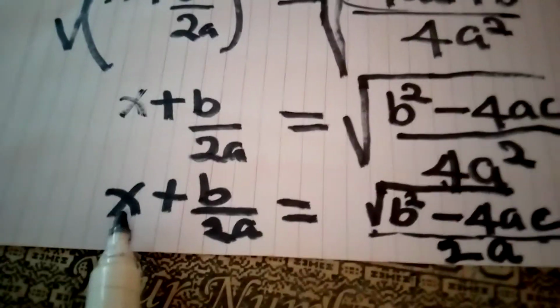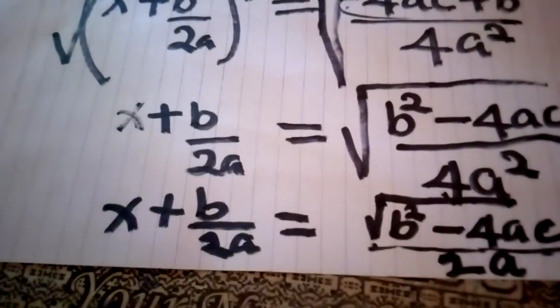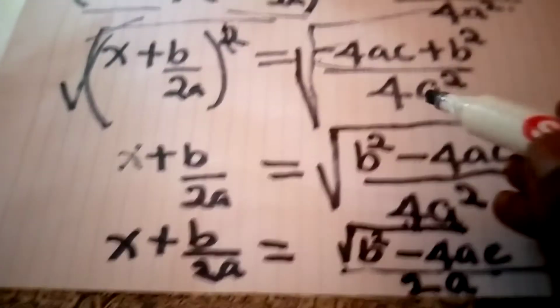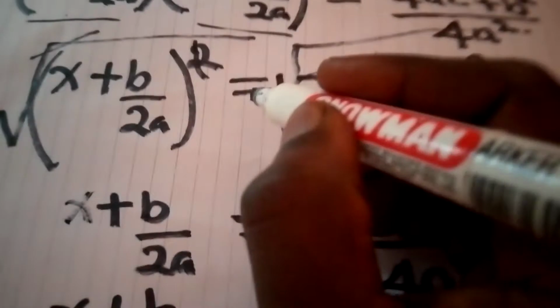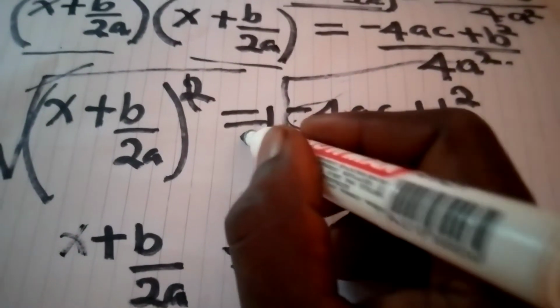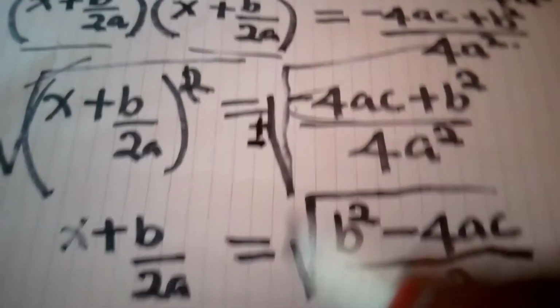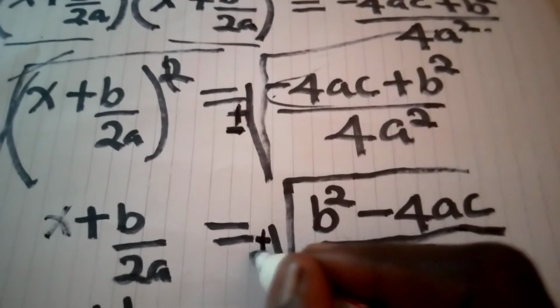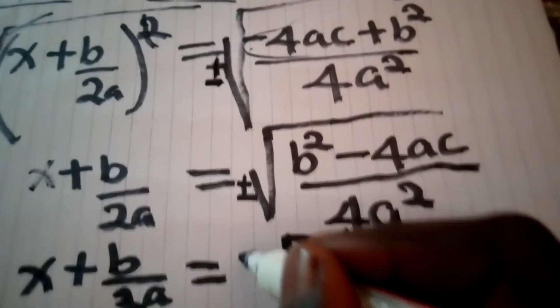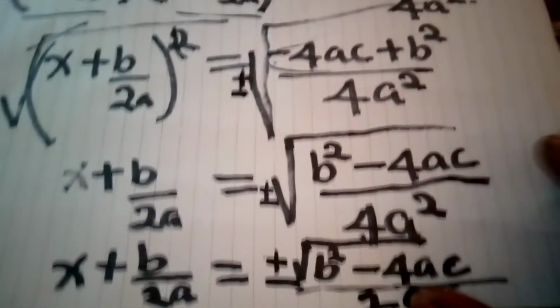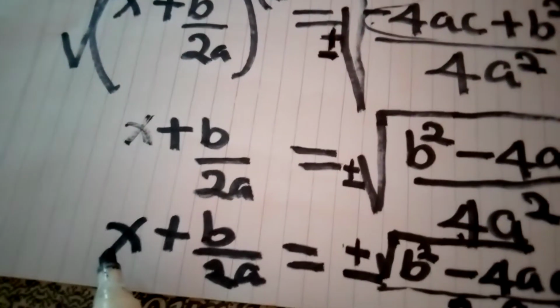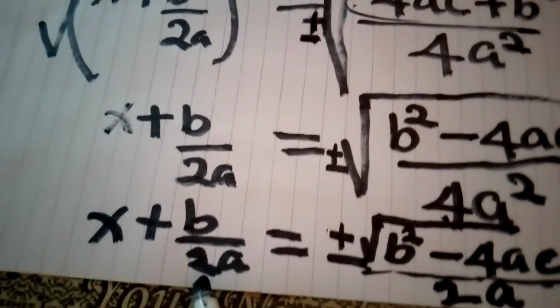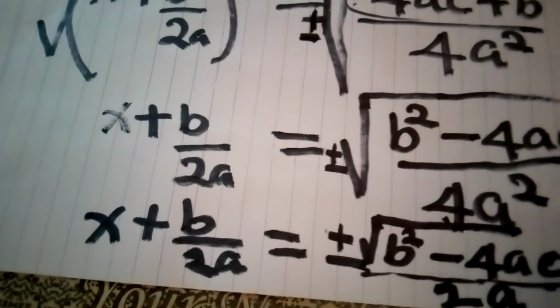We have to get the value of x. But if you are to get the square root, then this one will have to be plus or minus. This side also plus or minus. Here also should be plus or minus. Then now to get only the value of x, take this b out of 2a to this side of the equation.